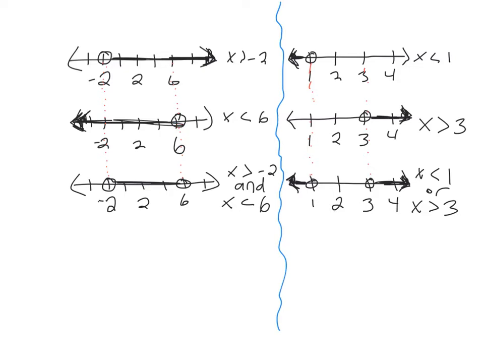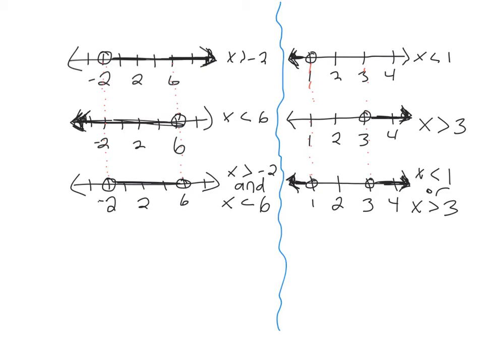But since it's a compound "and," you want both of them. If we keep them together, notice that they both have the shaded region in between. So an "and" inequality has the region most of the time shaded between.